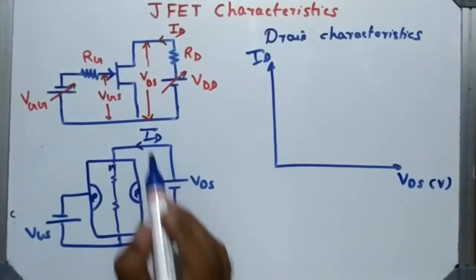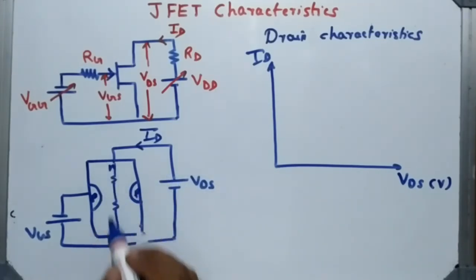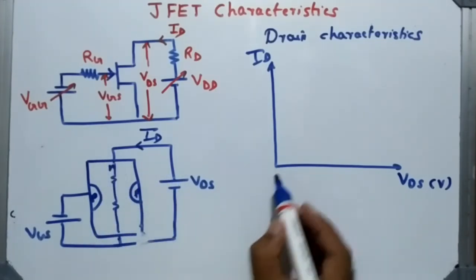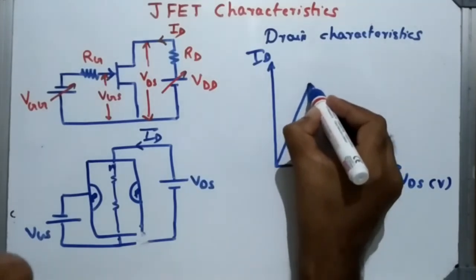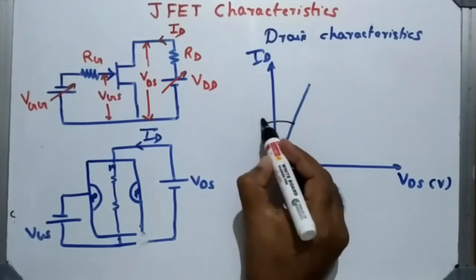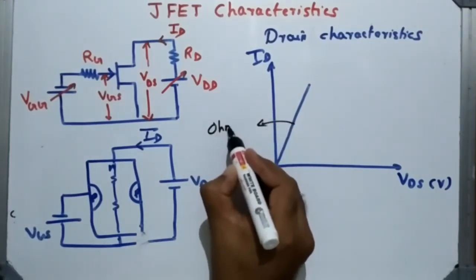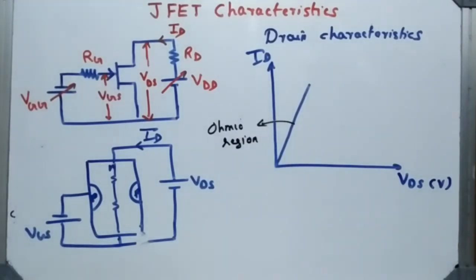ID also increases linearly because this whole semiconductor bar acts as a resistor. In a resistor, voltage and current are linear. So this region is called ohmic region, because here it obeys Ohm's law.